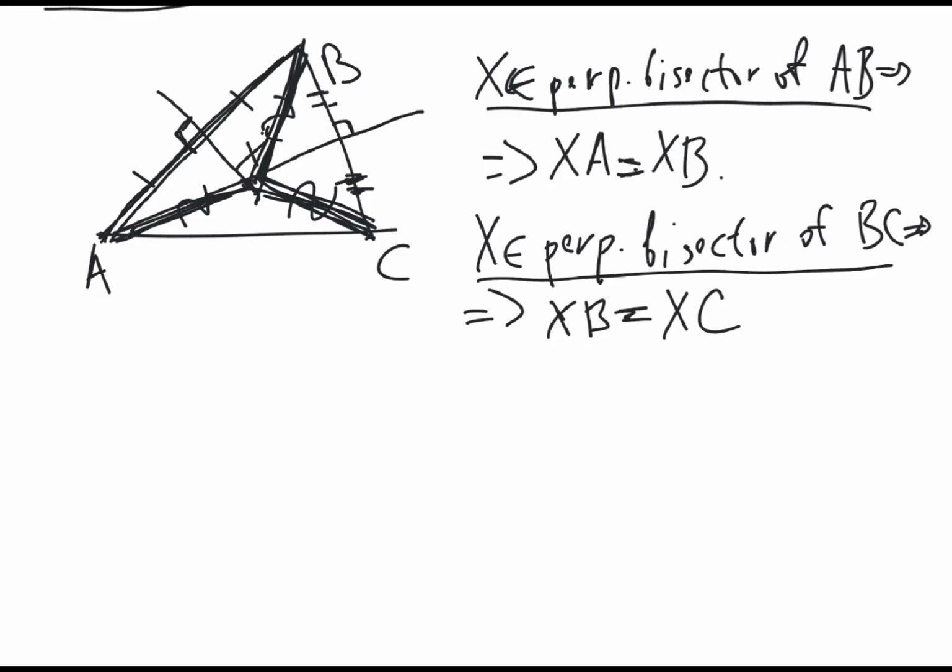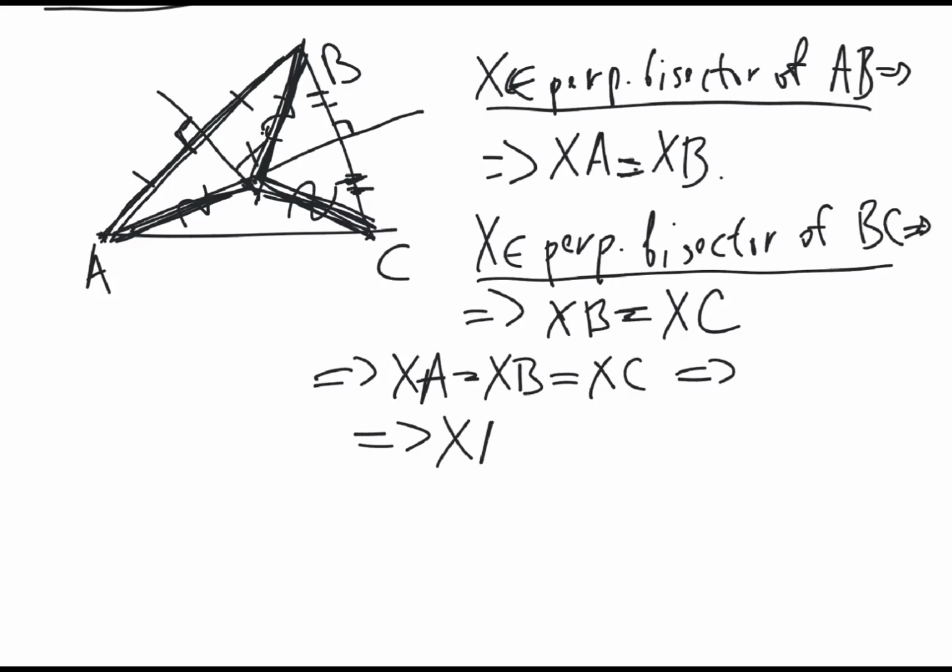So therefore, all three of them are equal: XA is equal to XB, which is equal to XC. In particular, we get that XA is equal to XC.